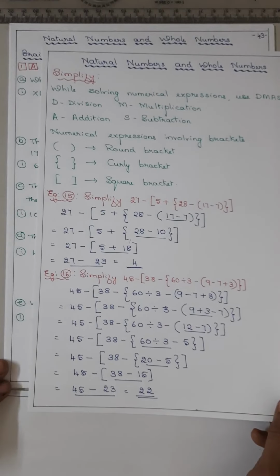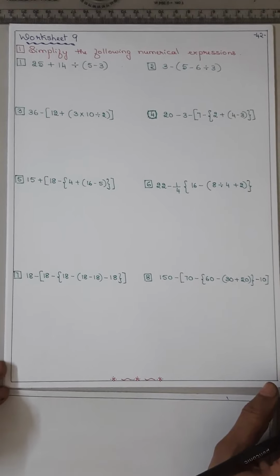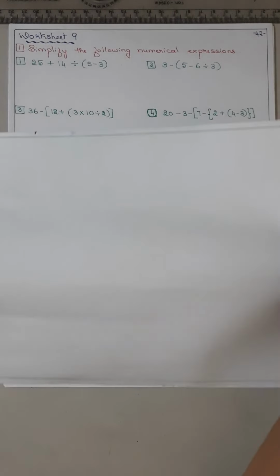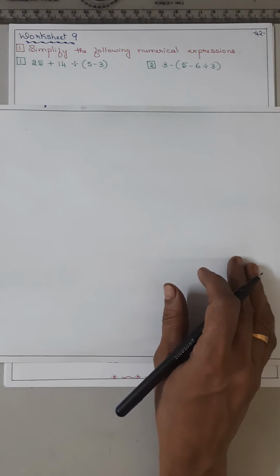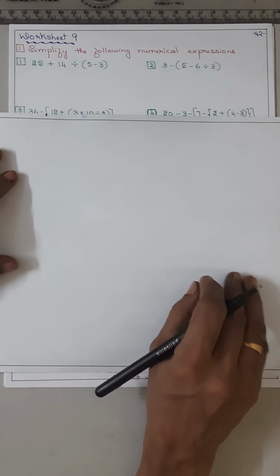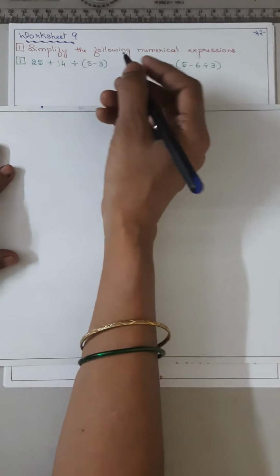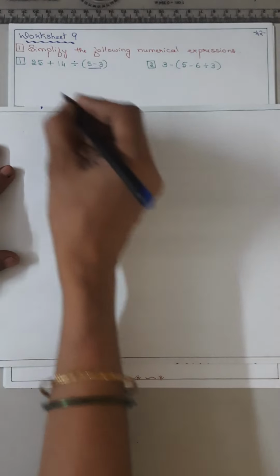Now coming to the worksheet, 9 sums on simplification. The first is 25 plus 14 divided by 5 minus 3. First the bracket, so underline 5 minus 3.